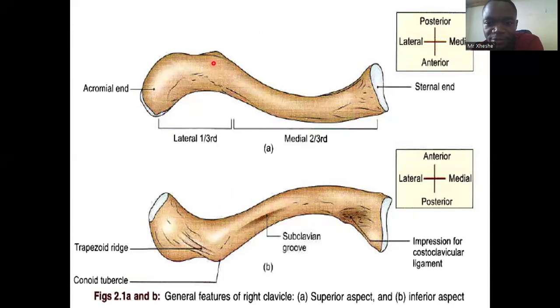That's how you can know them, apart from seeing that this is a sternal end, this is an acromial end. In addition to that, the sternal end has more like 4 corners, even though it is appearing roundish or oval. In true sense, when you're looking at the actual bone, this part is thicker than this one.